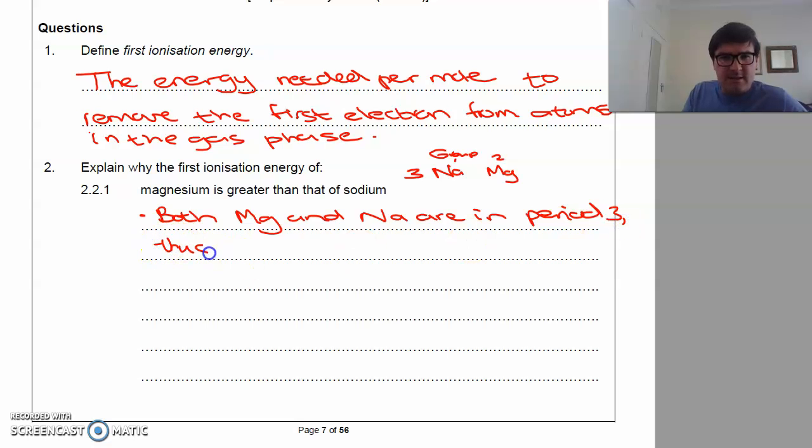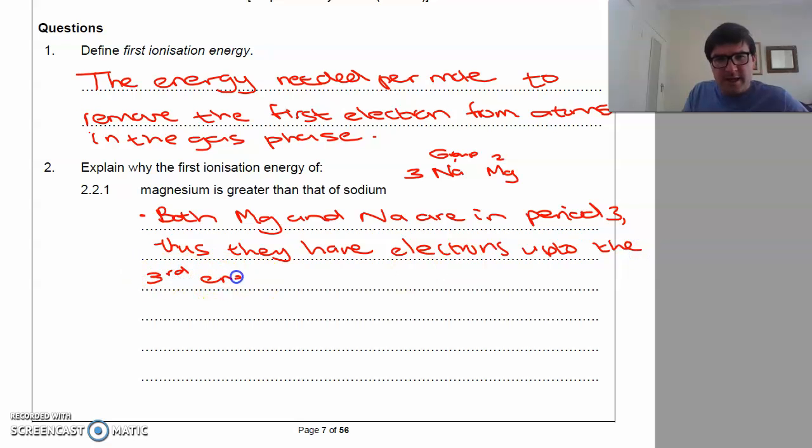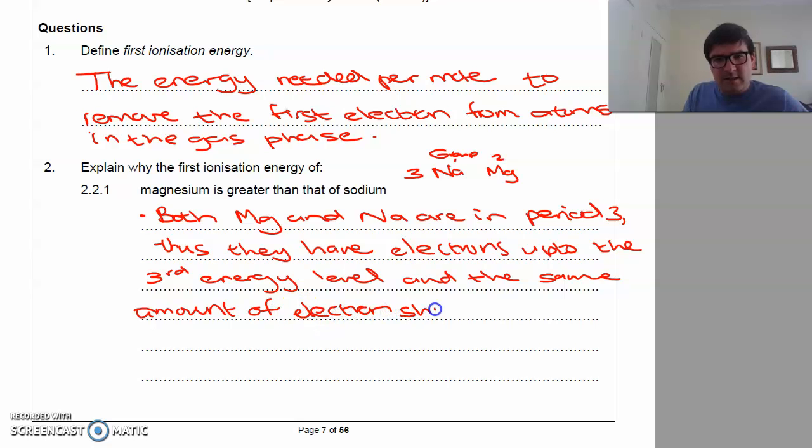Thus, they have electrons up to the third energy level and the same amount of electron shielding.